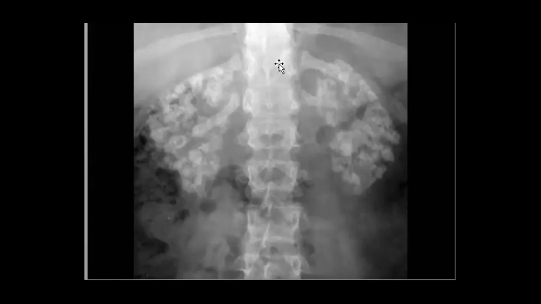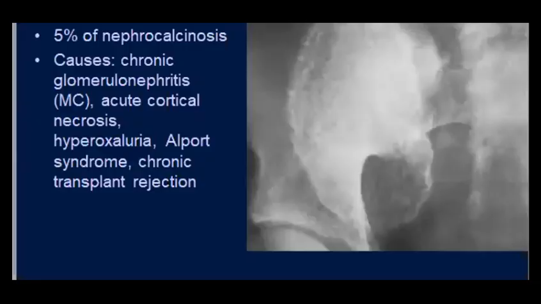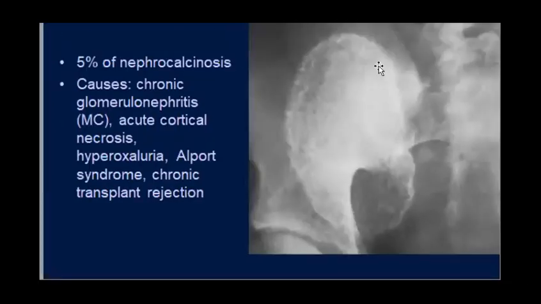And they like to show you this one, as the appearance of what is called cortical nephrocalcinosis.